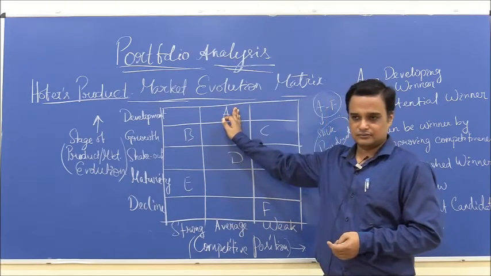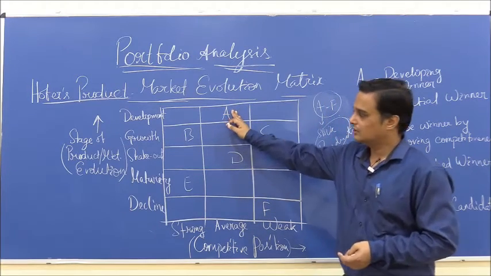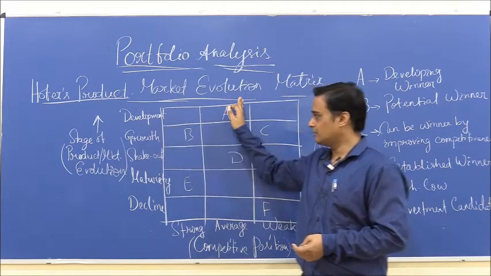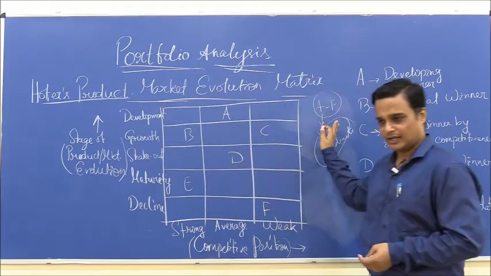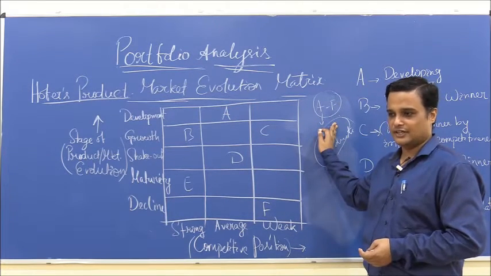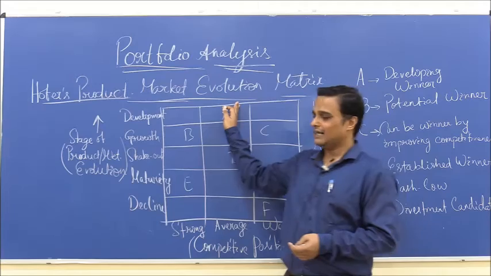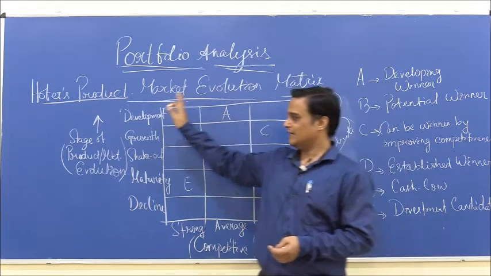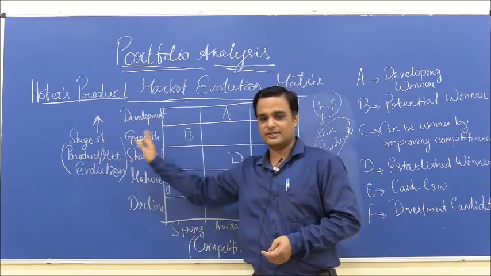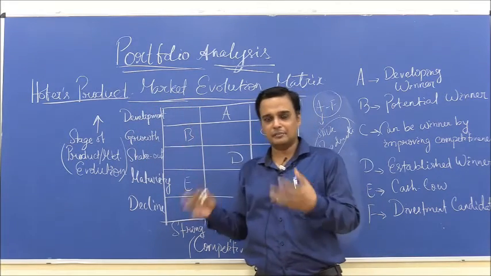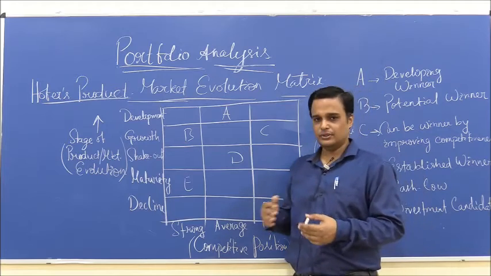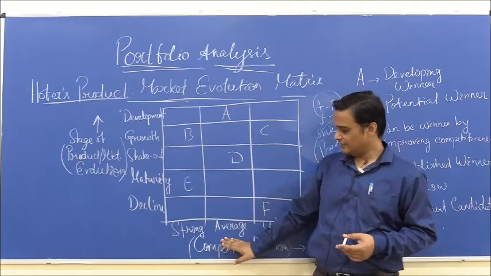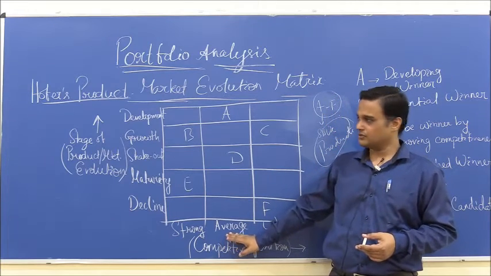A here is denoted in a cell, and remember that A is a product, an SBU, an individual brand. So, brand A, product A or SBU A is operating in a market which is just developing, and in this developing market, this newly launched or greenfield venture has an average business position.